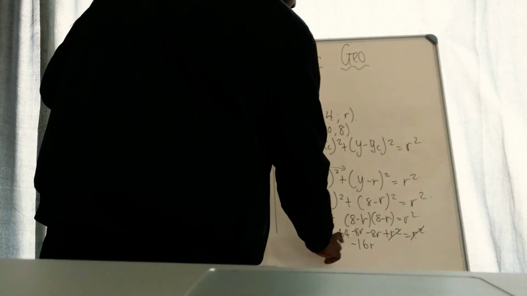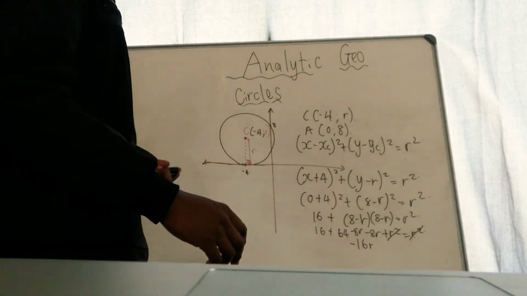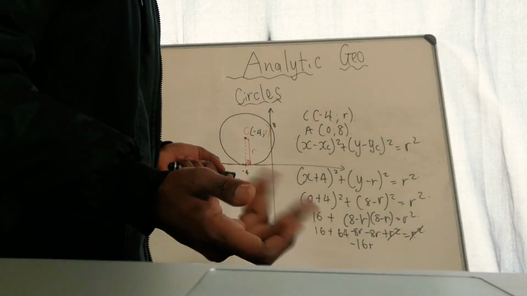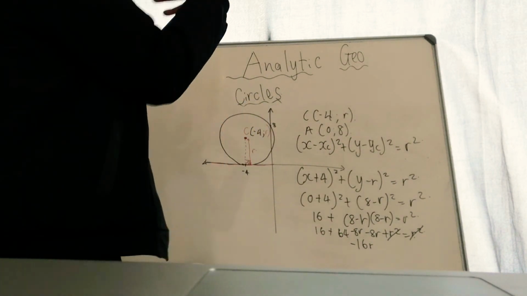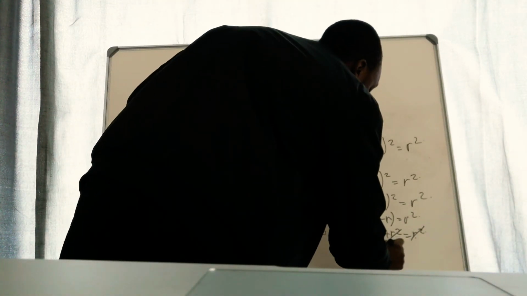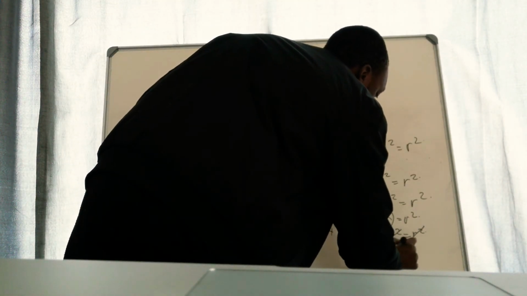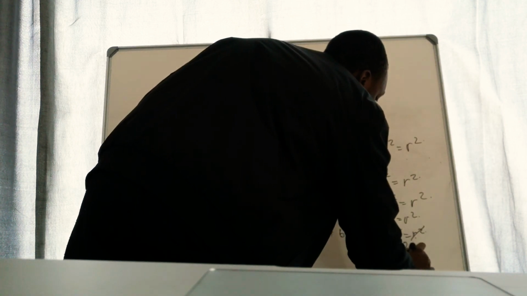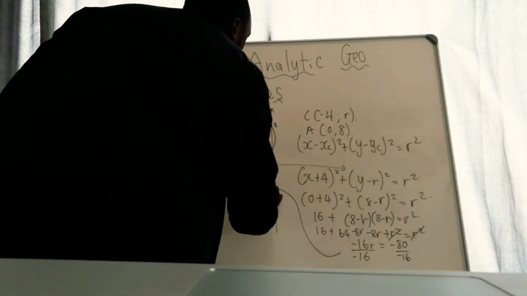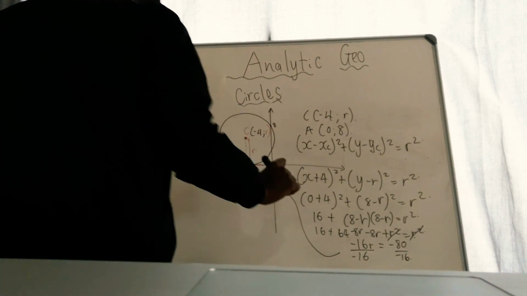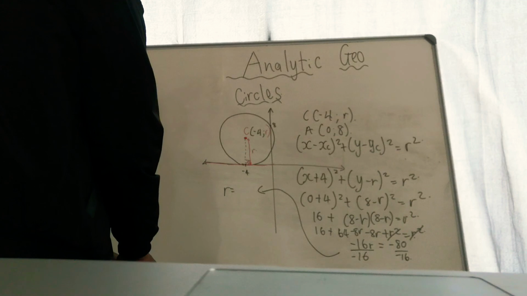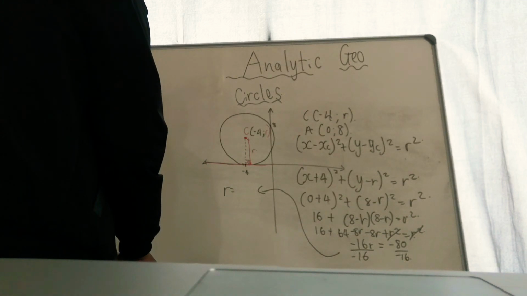And the 16 plus the 64, don't those just give me 80? They should give me 80, and I take that 80 to the other side, I have a negative 80, and so if I divide by negative 16 on both sides, I'll get that my r value is actually equal to, let me just check, 5.